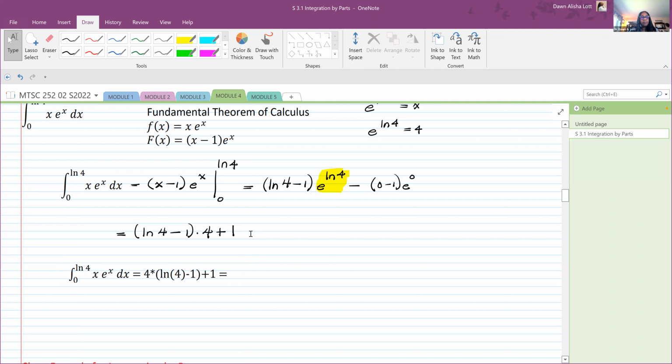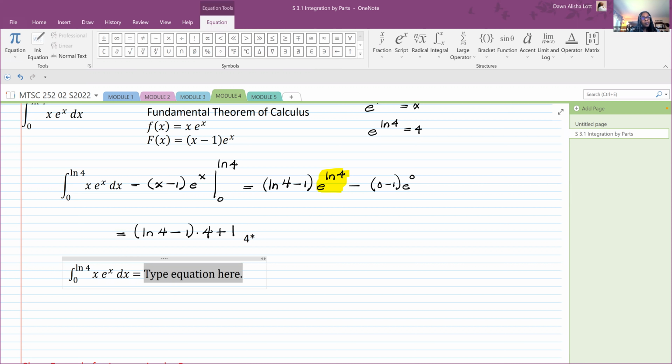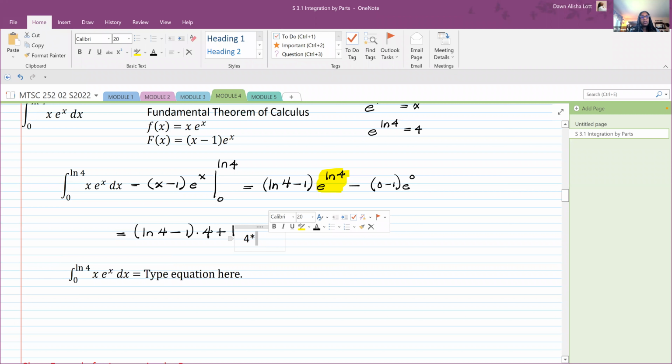I'm going to try it one more time. That's why I don't get an answer, because it thinks I'm in text mode. Okay, that's why it's not working. 4 times the natural log of 4 minus 1 plus 1. There we go. That's the answer.